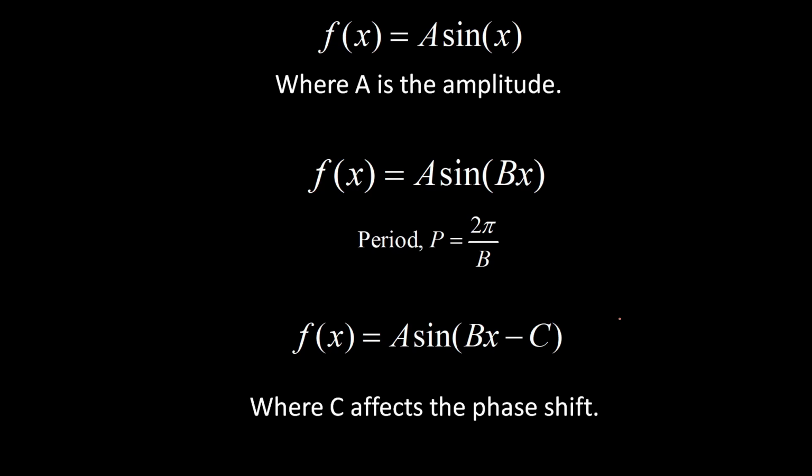So phase shift is commonly used when you're dealing with angles, but it still has the same algebraic meaning. When you do this operation here, when you subtract a number from the input, this moves your function left or right. Let's take a look at that.